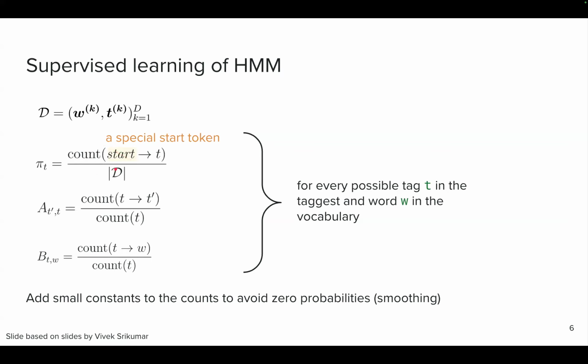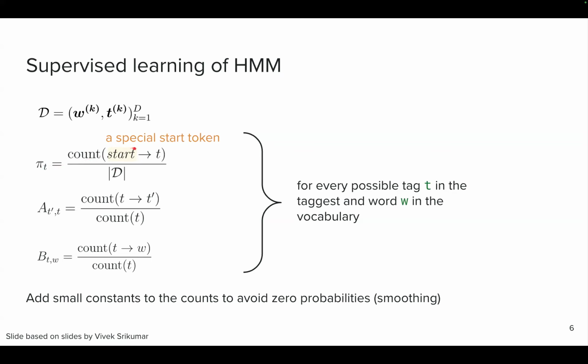For initial probability, we are going to add a special start token to each one of our sentences in our labeled corpus. And we are going to check for every possible tag in our tag set. Remember, we had over 30 of those in Penn Treebank.